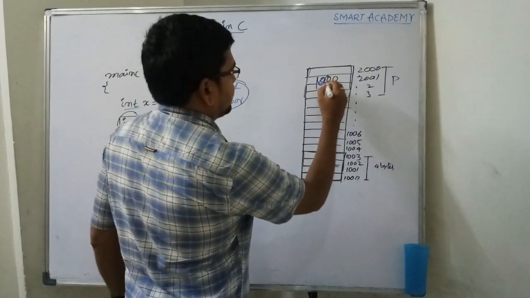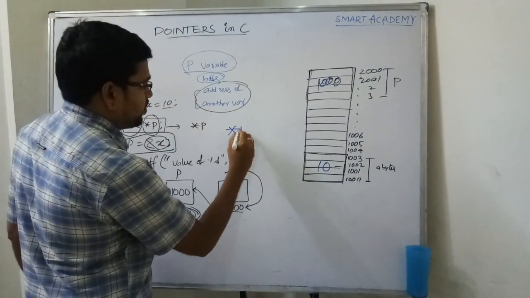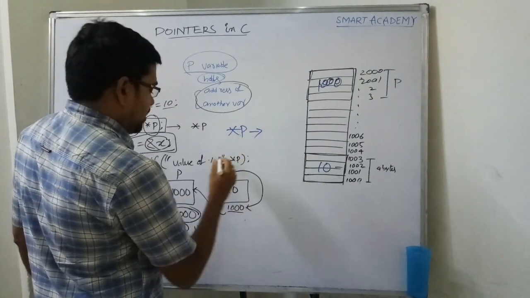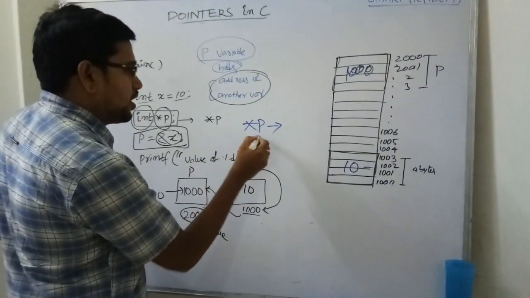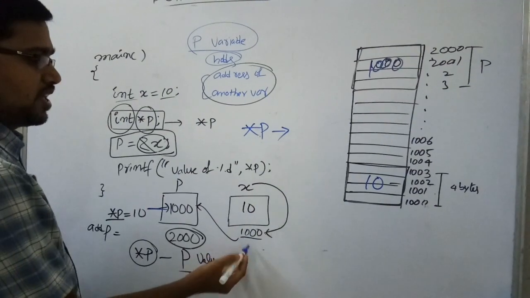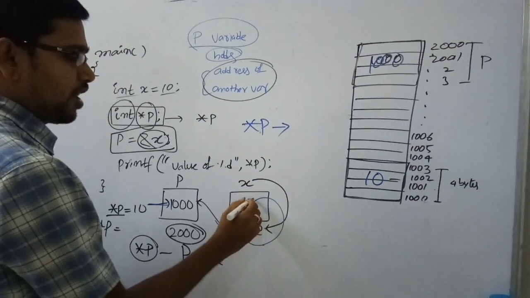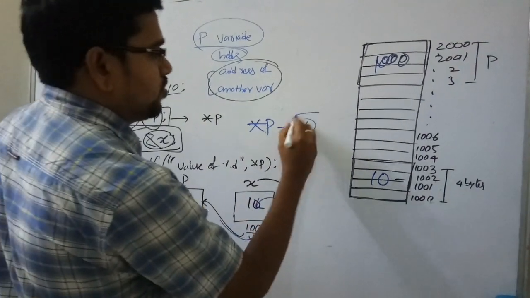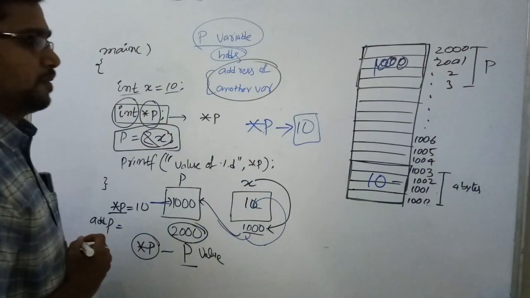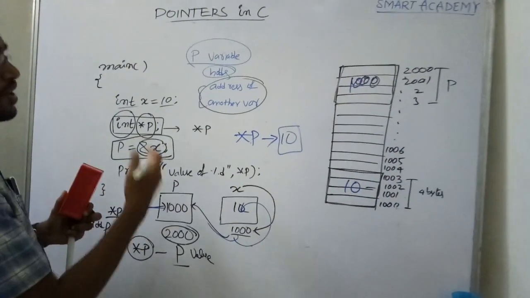When I say *p, it will go to the value of p, which is the address of another variable. Then it will go to that address, which is pointing to another value, that is 10. So it will give you 10 here. That is the simple understanding of pointers in C.